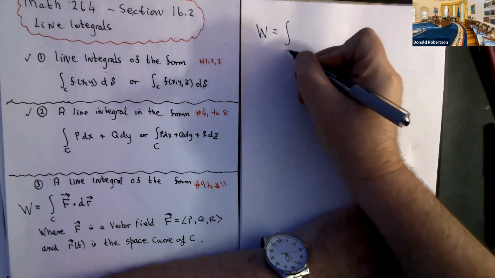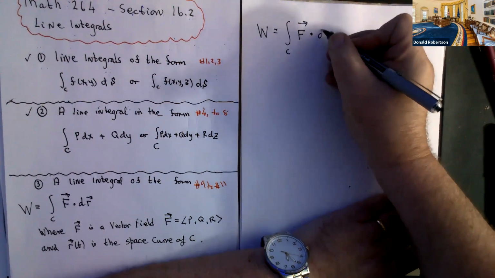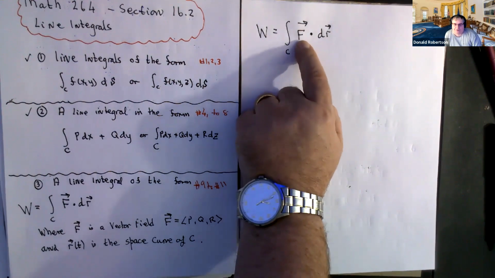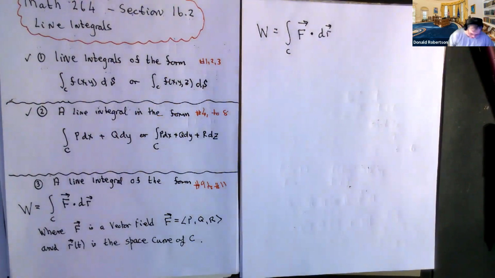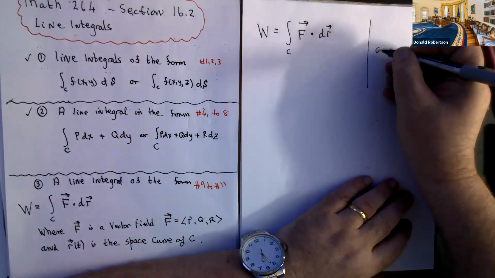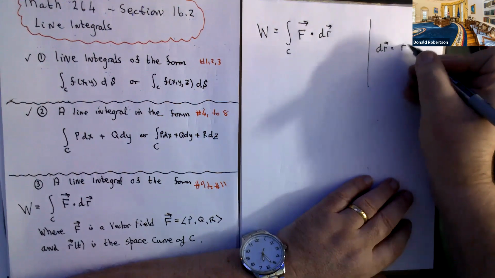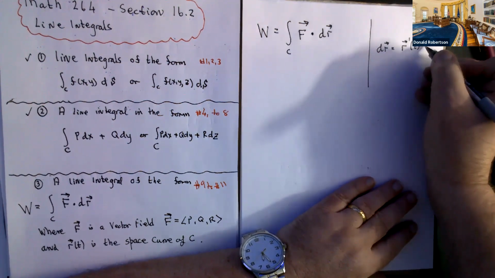And the work done can be found by calculating a line integral of the dot product of the vector field F with this thing called dr. So let me tell you how you get dr. dr is essentially just r dashed t dt.